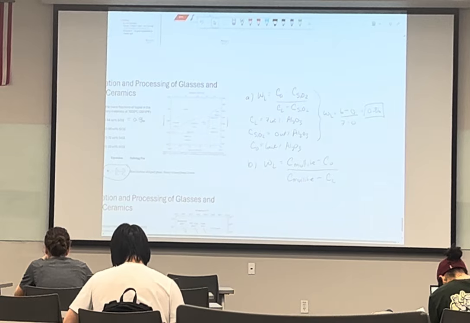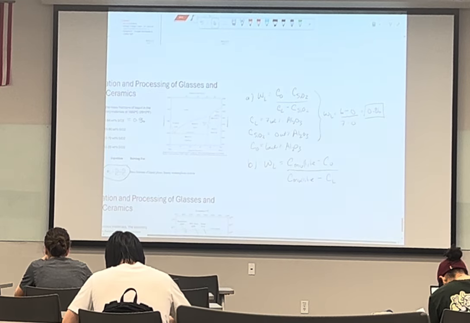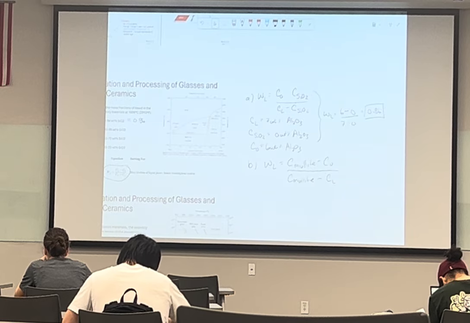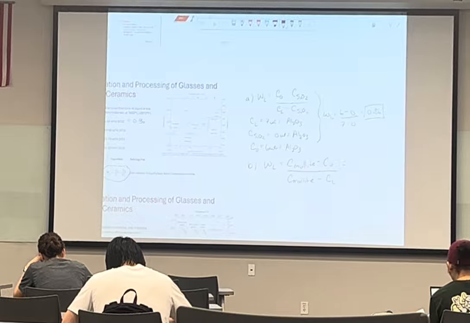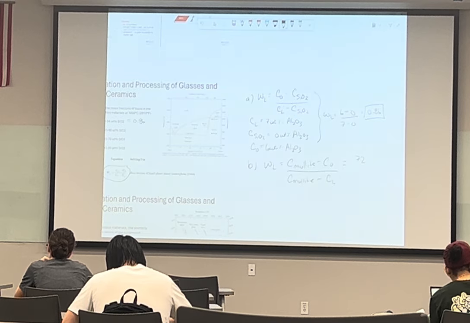And so for the tie line constructed across the mullite SS liquid phase at 1600, you'll end up with a mullite composition of about 72.8%, and the composition of the liquid phase, which is about 8%.